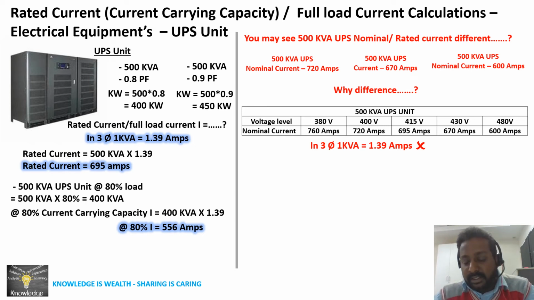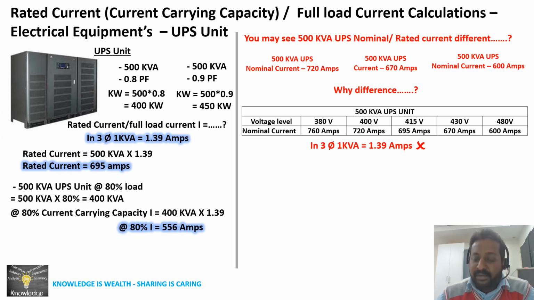And nowadays, in a technical specification, they will calculate for 480 volts. They will say our UPS will work at 480 volts, and our rated current is 600 amperes, and this UPS can be loaded to 100%. But it is nowhere possible to give the UPS an input of 480 volts, due to many losses and induction loads.